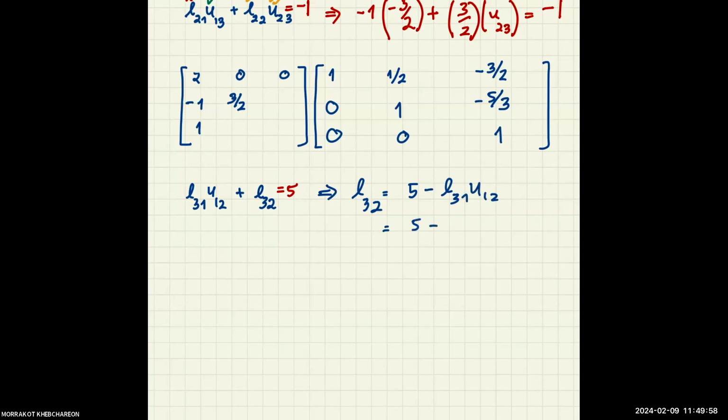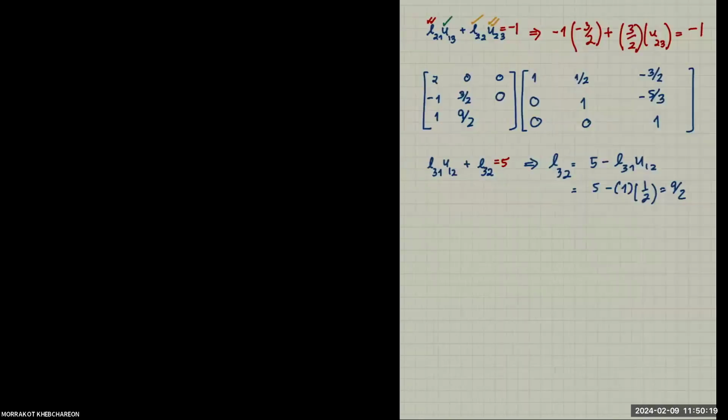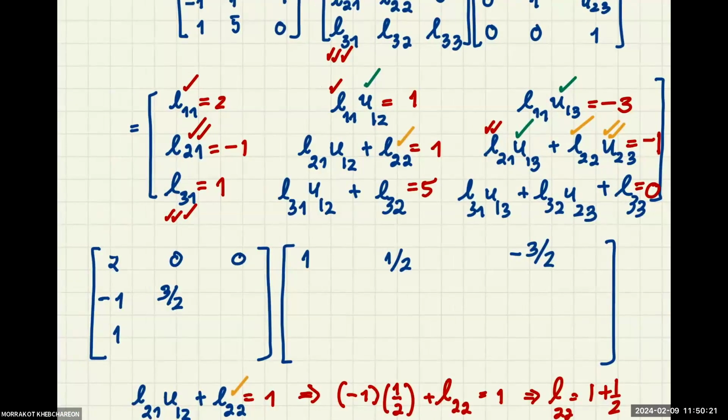L31 is 1, U12 is 1/2, so 5 minus 1/2 is 9/2. This is going to be 0. And the last one is this one.